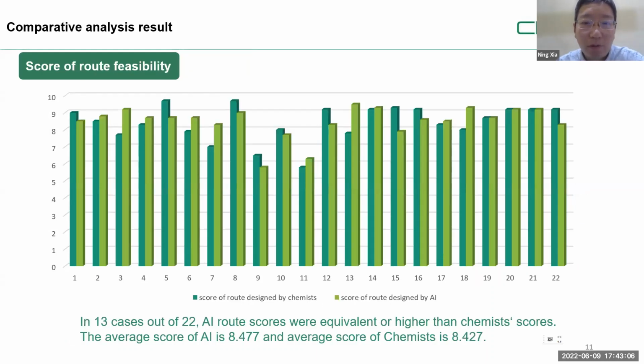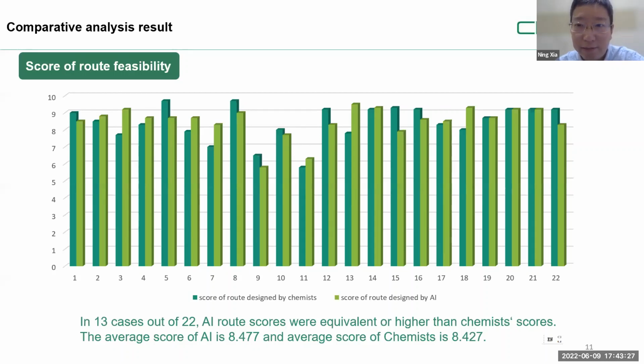And the most important score is about route feasibility, which is often not quite good in other systems. In the competition, in 10 cases out of 22 molecules, AI route feasibility scores were higher than the chemist score.